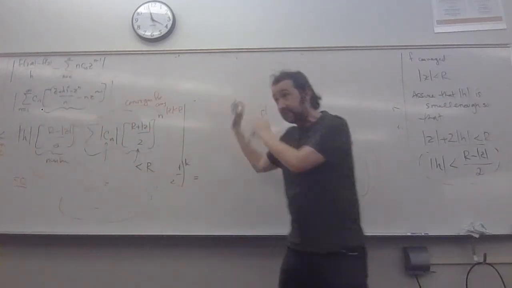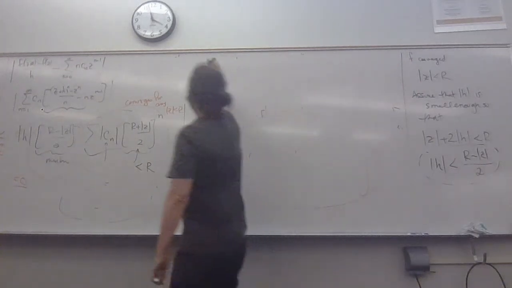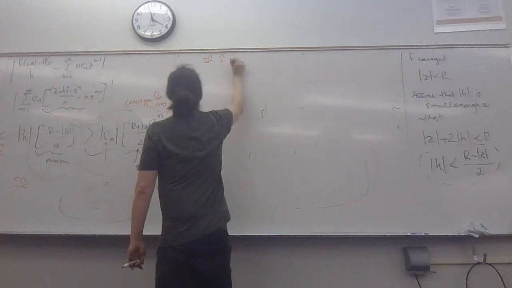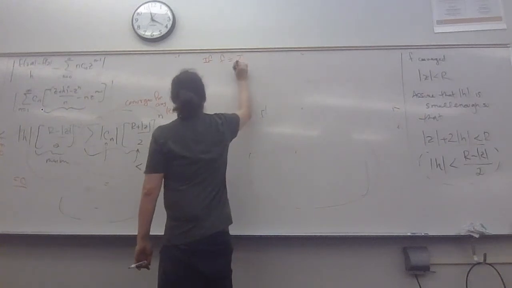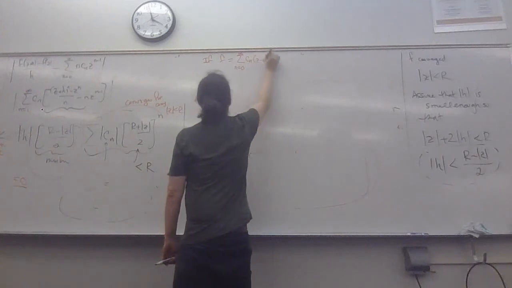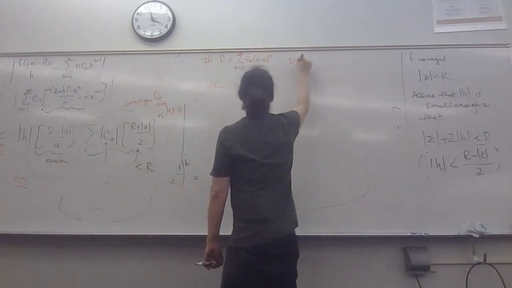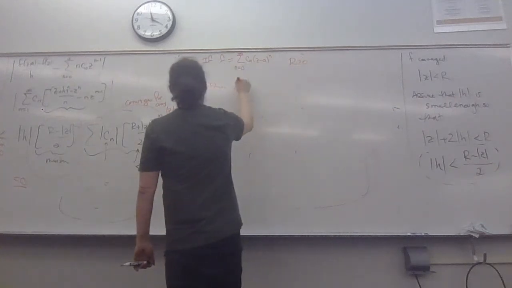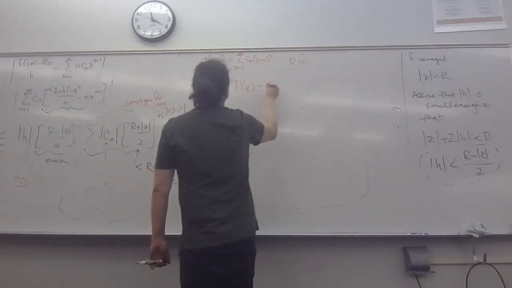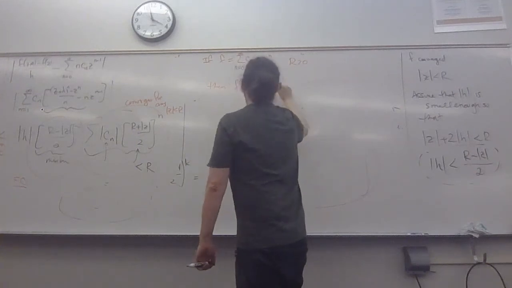This argument proves that if f is equal to the sum from n equals 0 to infinity of c_n (z minus a)^n for some radius r greater than 0, then f prime of z is equal to the sum from n equals 1 to infinity of n c_n (z minus a)^(n minus 1).